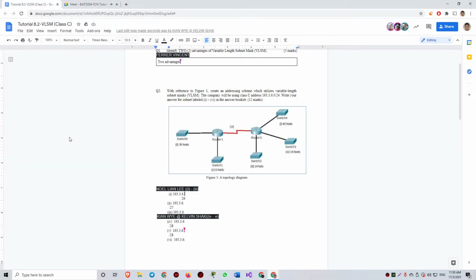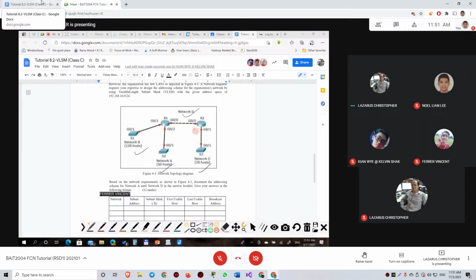The 3 networks are network B, A, and C, and network D for the wide area network, so four subnets. Then you order the required hosts from the largest, 120, to the next one, 50, then 30, and then the last one, 2.